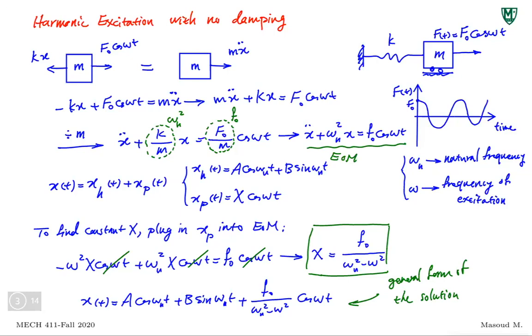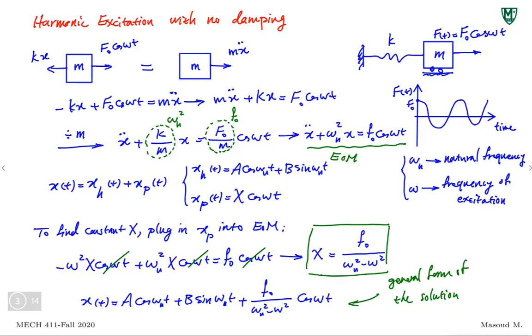Now what I'm missing is our A and B. These are coming from the general form or suggested solution for the homogeneous part. To find A and B, I'll just use initial conditions, very similar to what I was doing before. Now I have a particular part that everything is clear about: it's cosine omega t, and the constant in the back of that is f naught over omega n squared minus omega squared.